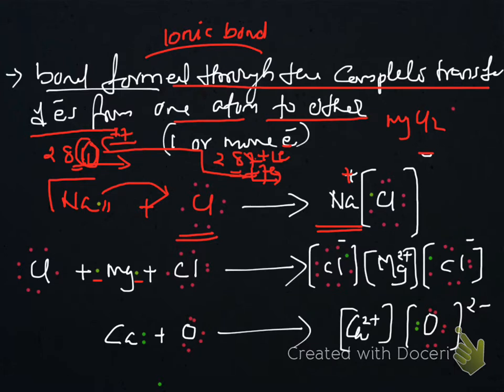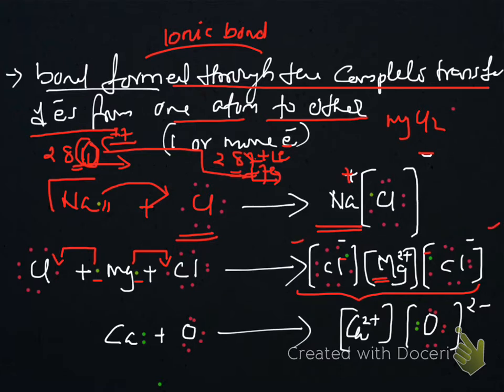So chlorine needs only 1, but magnesium needs to remove 2. So 2 chlorine atoms are required to accept 2 electrons from magnesium. So 1 electron is transferred here and 1 electron is transferred here. It can be clearly shown on the product side. Green, here also a green electron from magnesium. After the removal of 2 electrons, magnesium becomes Mg2 plus, and by gaining this electron, Cl becomes Cl minus.